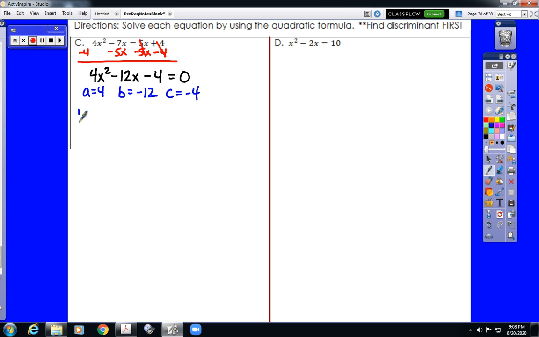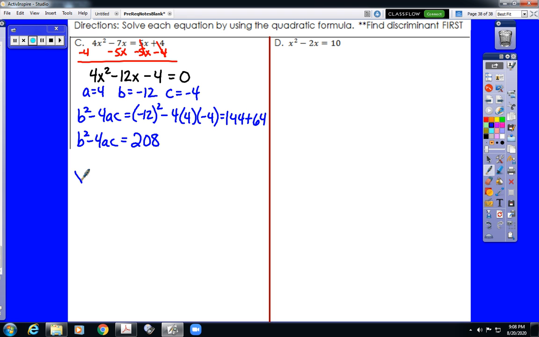We are going to find the value of the discriminant. b squared minus 4ac is -12 squared minus 4 times 4 times -4. That would be 144 plus 64. So b squared minus 4ac is going to equal 208.